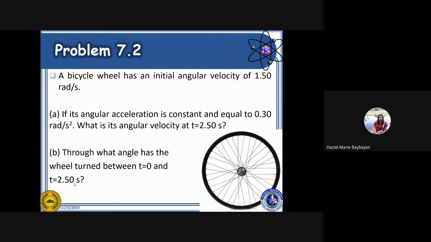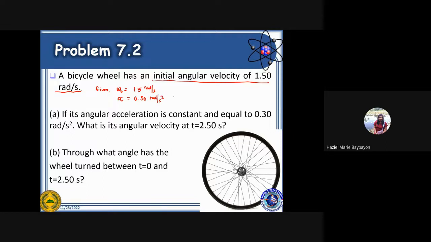All right. So for this, I guess we will need to use one of the kinematics equations. So let us identify first the given. This is the initial angular velocity. Okay, given. Omega naught, 1.5 radians per second. And then the angular acceleration alpha equals 0.3 radians per second squared.